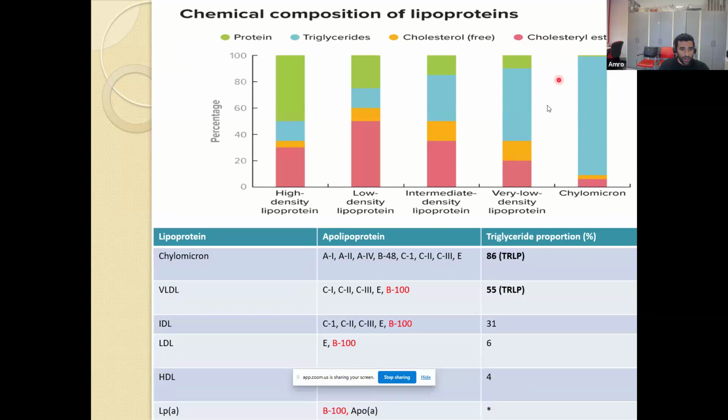You start off with chylomicrons. Chylomicrons are the biggest lipoprotein, but they contain predominantly triglyceride. Remember those triacylglycerides, 3 fatty acids combined with glycerol. That is what chylomicrons predominantly contain. And you can see 86% of the core of a chylomicron is triglyceride, and you've got a very small proportion of cholesterol.